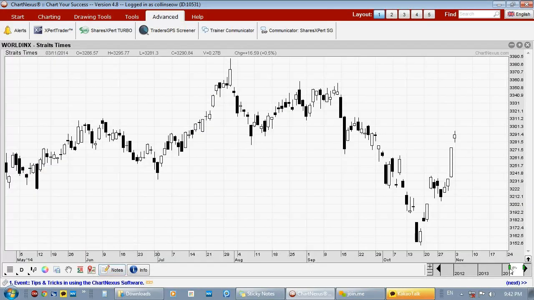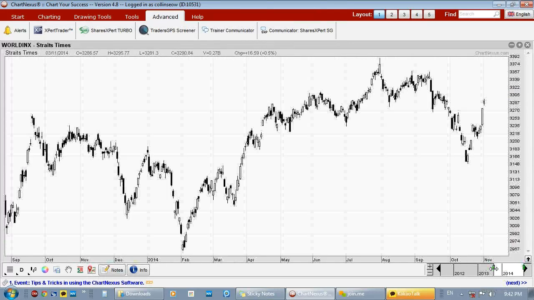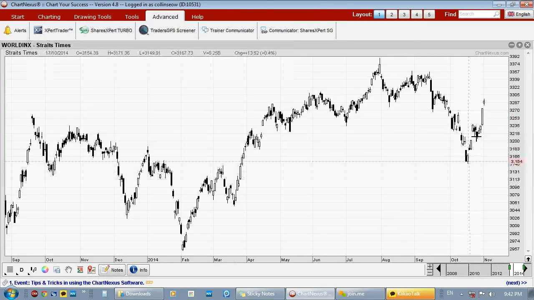Okay, STI, this is quite a big drop from here right down to here. And recently there is also a big recovery towards this level.